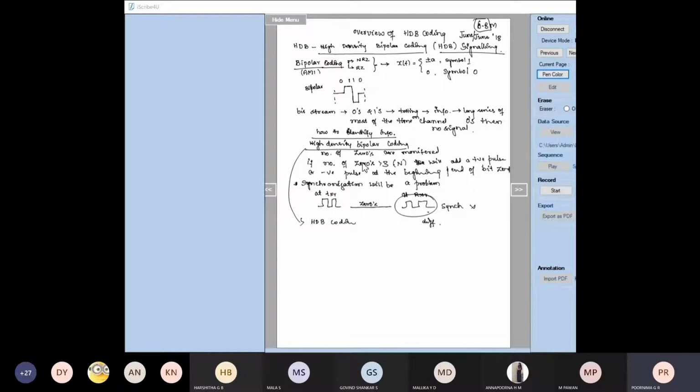In this HDB coding, what exactly is the principle we are going to adopt? In HDB coding, the number of zeros is monitored.